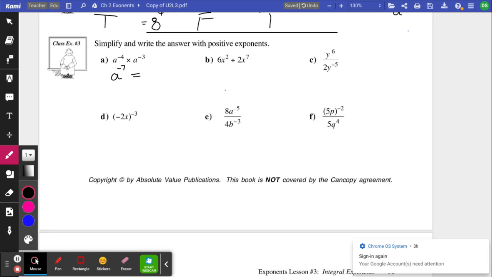So what is that the same as? 1/A to the 7. Truly. Okay, do that. Good. Well, because a negative exponent on the top, you can move it downstairs and give it a positive exponent. Don't forget, if you put it downstairs, you have to put a 1 on top to show that there's somebody living upstairs. Okay. All right.